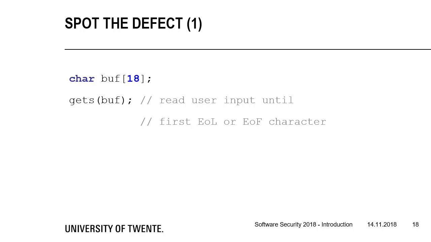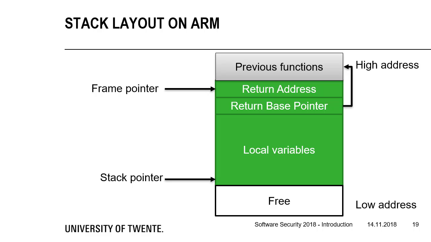To understand what's happening here, we need to look at the stack layout. What I have here is a stack layout on an ARM-based system. So I brought a small Raspberry Pi.